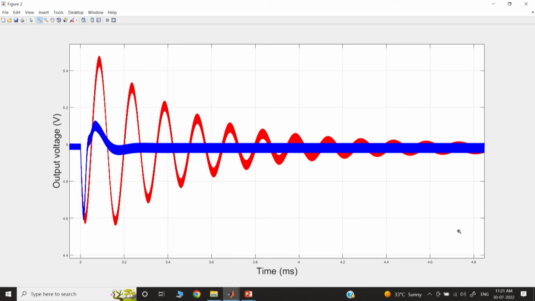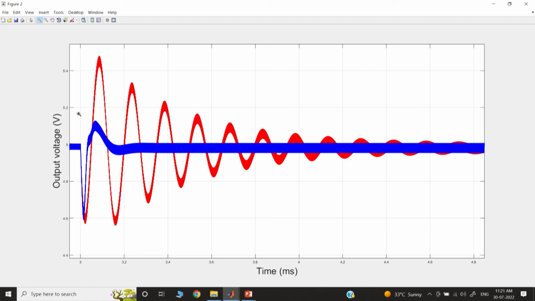But in this particular case, just by loop cancellation, that means if you take the red color, that was the response of the boost converter using stable pole-zero cancellation, where we are only shaping the loop transfer function. But when you take the load transient, we have to consider the closed loop output impedance.